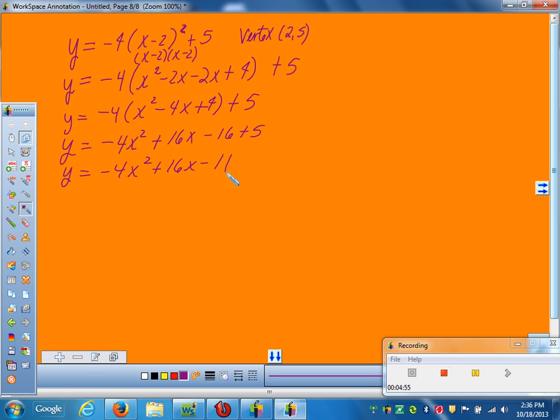What I want you guys to figure out: I know the x-coordinate of the vertex is 2. There is a short little formula that will tell you that by using the numbers here in standard form. And I will give you a hint that it's something over something.